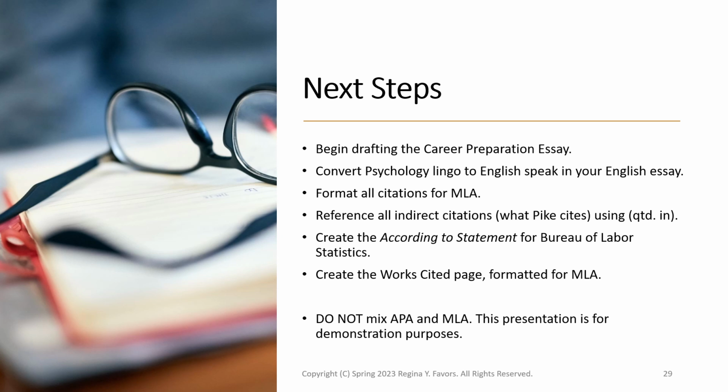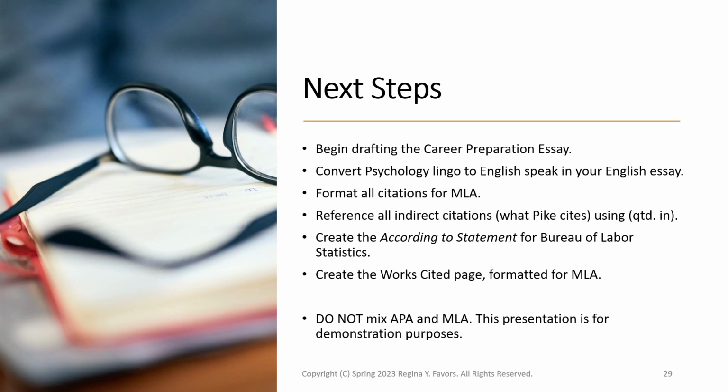Reference all indirect citations, whatever Pike cites, using "quoted in" if you are using a sentence that has an end-of-the-sentence citation in the Pike source, so that you accurately format it in your English-based essay. Then create the "according to" statement for Bureau of Labor Statistics.